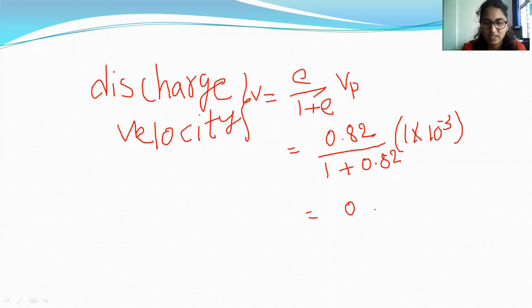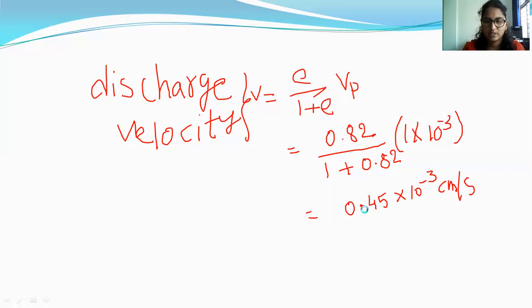The value is 0.45 into 10 to the power of minus 3 centimeter per second. Will there be any other units? No, only centimeter per second.